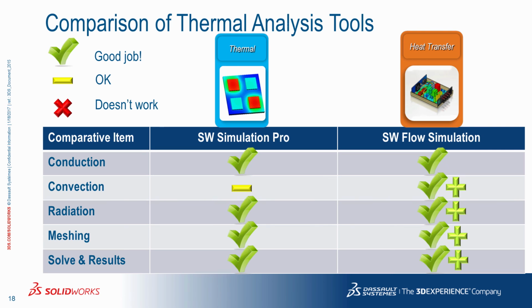So just visually, if you compare these, heat transfer capabilities in Flow Simulation gives you a much more complete thermal analysis solution than you have with the FEA tool in SOLIDWORKS Simulation Professional. So it depends on what your needs are, and if you can make certain assumptions, then the thermal analysis tool is fine. But if you want a complete thermal analysis package, SOLIDWORKS Flow Simulation is your solution.